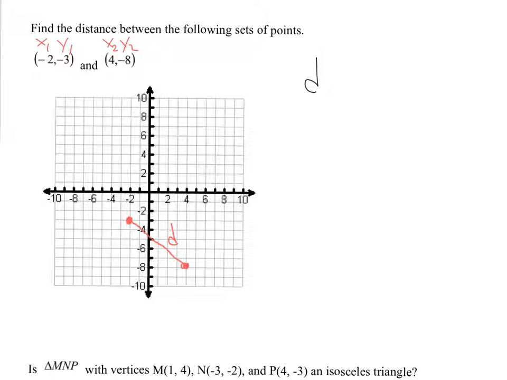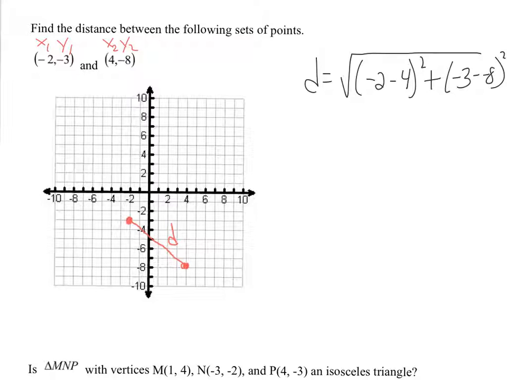Looking at my distance formula, distance equals the square root of x1, which is -2, minus 4 squared, plus y1, which is -3, minus -8 squared. So we're going to have the 2 negatives on that second part.